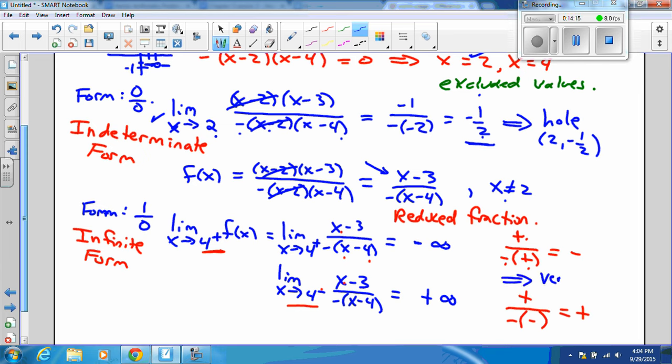This indicates that I have a vertical asymptote. And the equation for the vertical asymptote is the vertical line x equals 4.